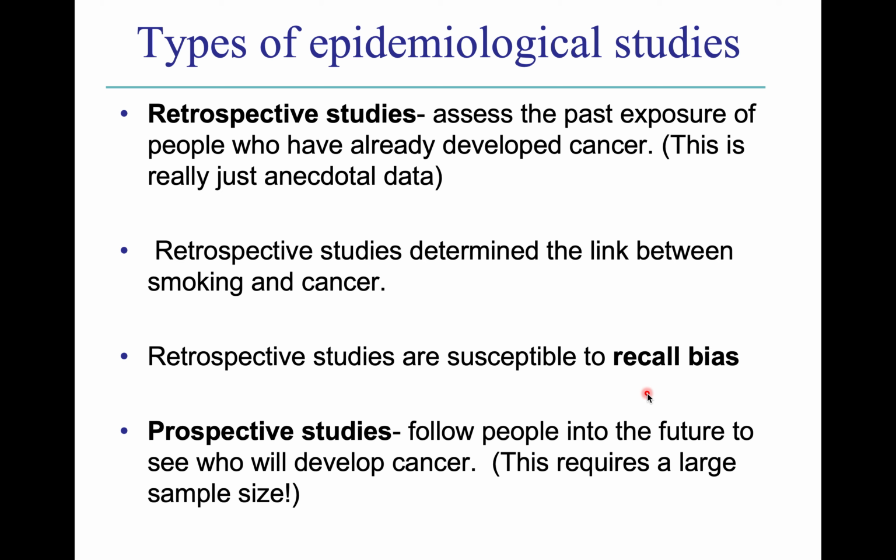People are always trying to come up with these cause and effect links in their mind. So that can lead to this recall bias, as it's called.